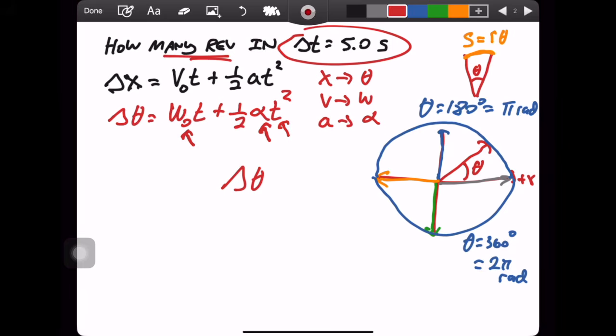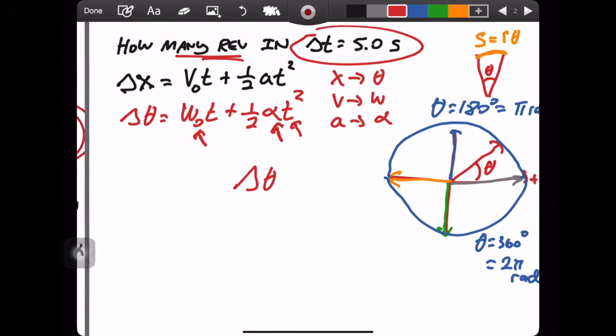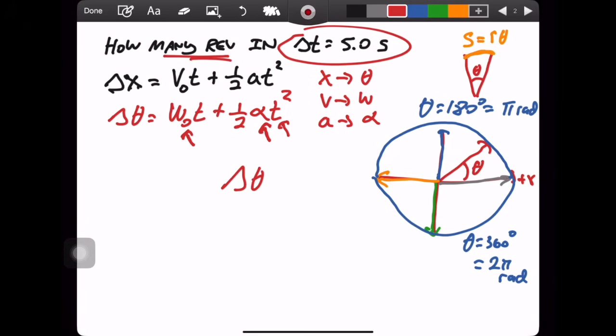So we can then figure out how much theta is swept, and then to figure out how many revolutions there are, because we've got things in units of radians, theta is going to be in radians. So to determine the number of revolutions, you simply take the total number of radians and you divide by 2 pi. And so that's the number of revolutions that you're going to get.